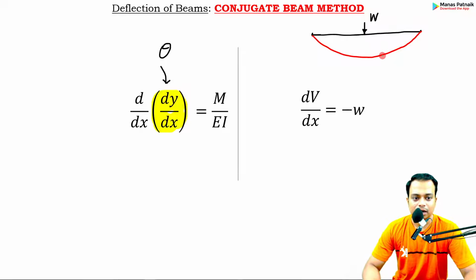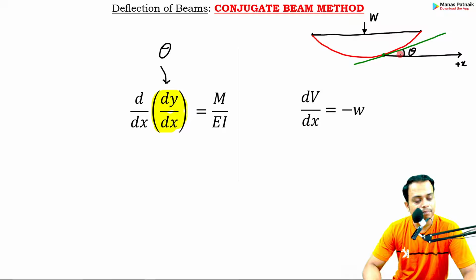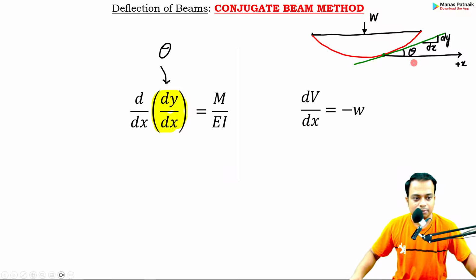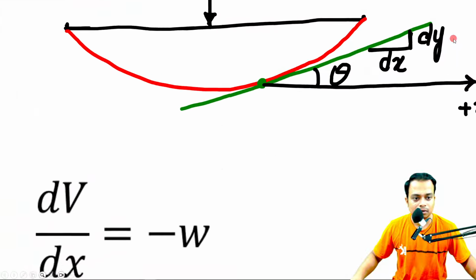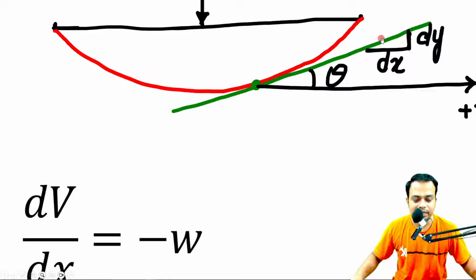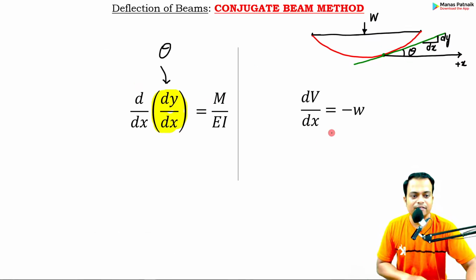So far, so good. Now let me make a point over here. If I draw a tangent, the angle that this tangent makes with the positive x-axis is referred to as the slope, theta. If you watch carefully, since this is the tangent, this is a small dy, very small dx. Let me just zoom in. If this is theta, this also is theta, a very, very small angle.